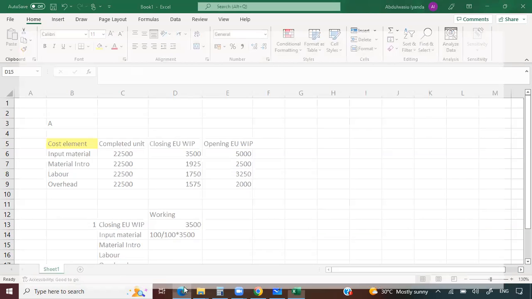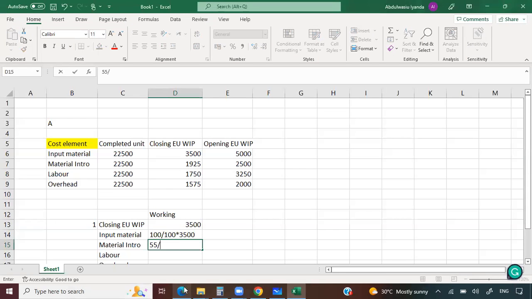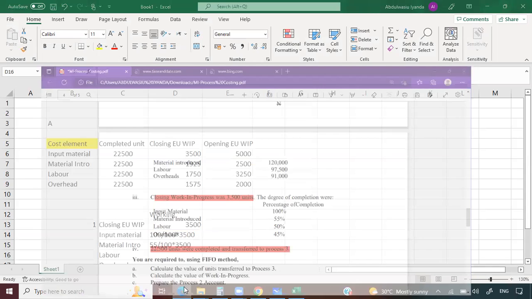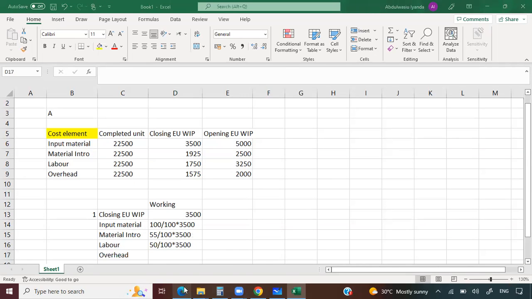Material introduced is 55, so 55 divided by 100 multiplied by 35. The next one is 50, 50 divided by 100 multiplied by 35. Then the last one, labor, is 45. 45 divided by 100 multiplied by 35.